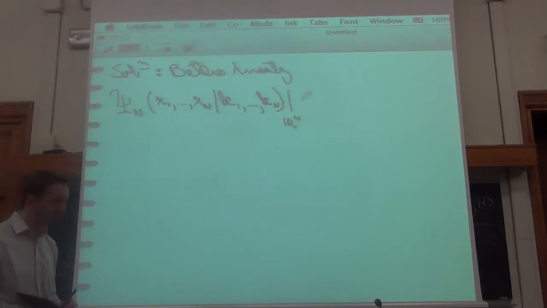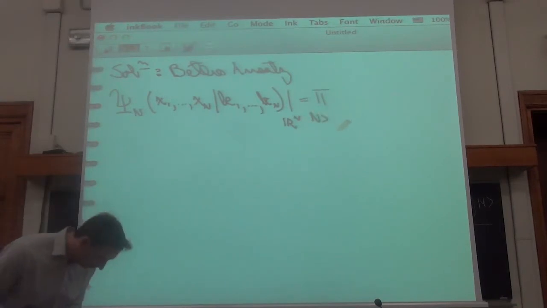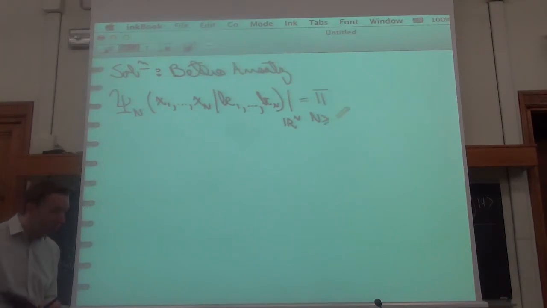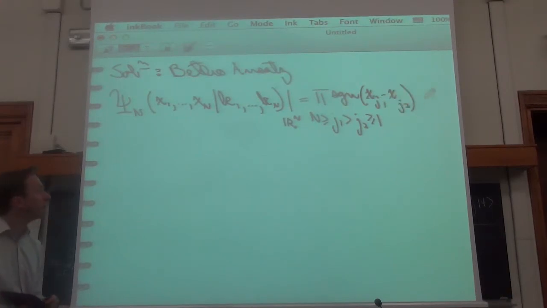Okay, this thing is equal to, we have some signs here, so let's just do it in this way. Product over j1 greater than j2 greater than or equal to 1, sine of (x_{j1} − x_{j2}) sine of (k_{j1} − k_{j2}). Okay, see what I mean?